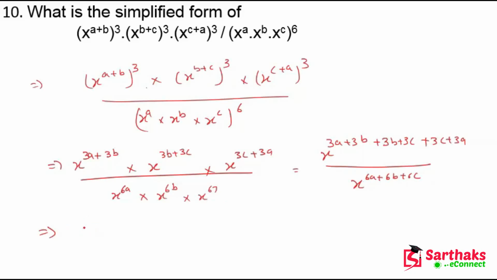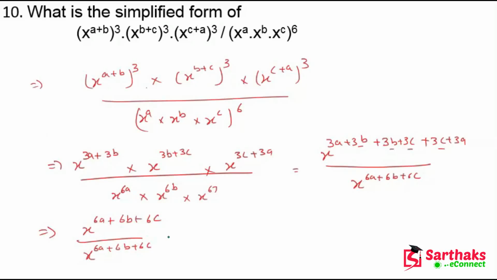So this will become x raised to power 3a and 3a, so this is 6a, plus 3b and 3b, so this is 6b, plus 3c and 3c, and again this is 6c. And in the denominator also we have x raised to power 6a plus 6b plus 6c.